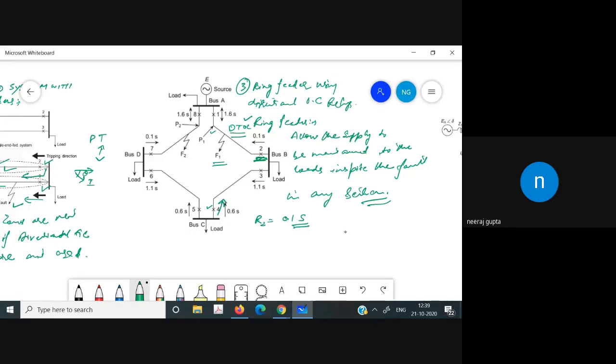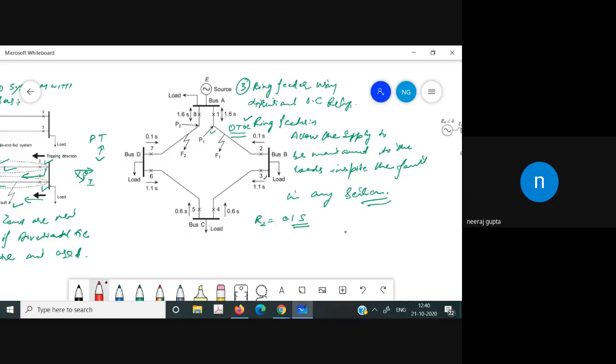So in this case, suppose the fault is there at F1, then the power is flowing away from the bus, so 4 will trip. Otherwise, if you take the case of 3, when the fault takes place at F1, the power is flowing towards the bus, so it will not trip, it will restrain. So that thing we have to take into consideration, that for the trip in a directional relay, the power must flow away from the bus.